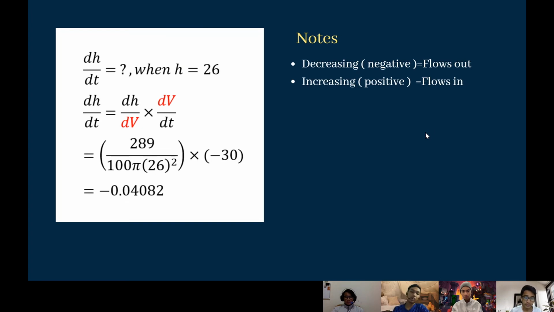After we got all of the information, we have dH over dt and we have dV over dt. So we are going to refer to the real question. What is dH over dt when H equals 26? It's actually simple.